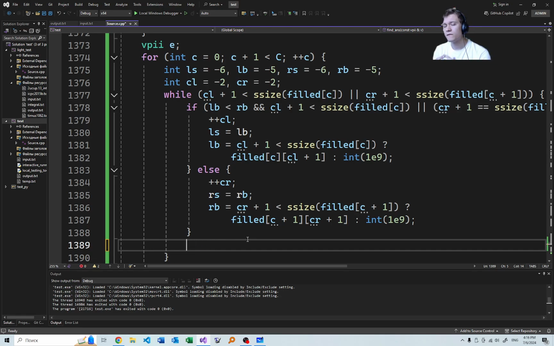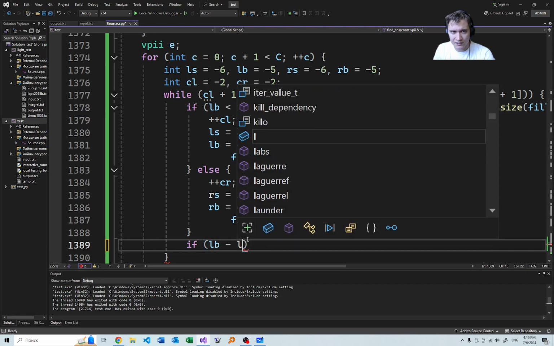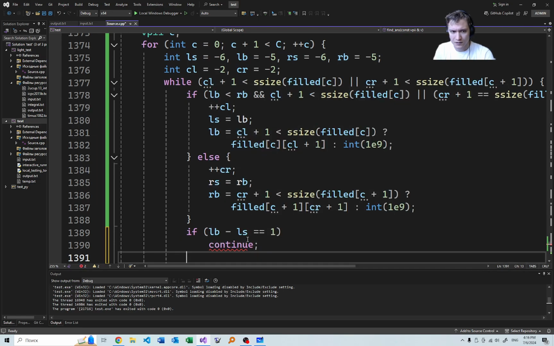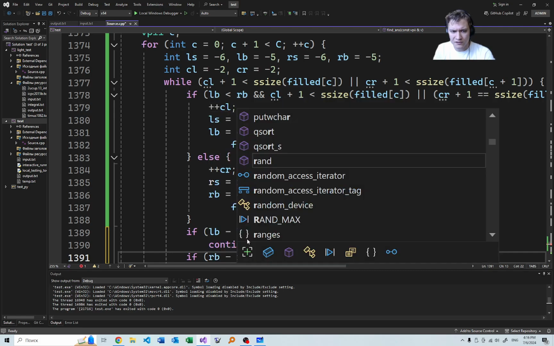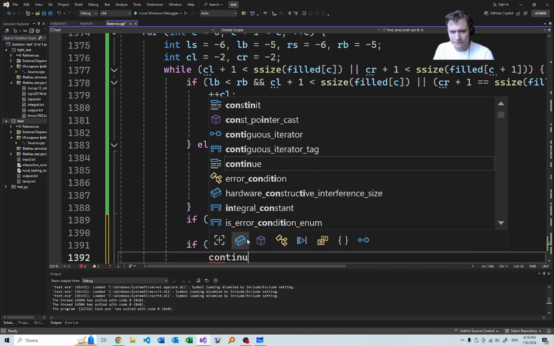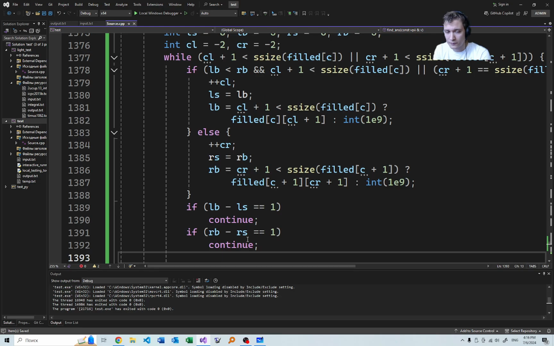Okay, now what do we want? First of all, if some of them is empty, we want to skip. So if LB minus LS is 1, we continue. If right B minus right small is 1, then continue. Also, if they don't intersect, we want to continue.